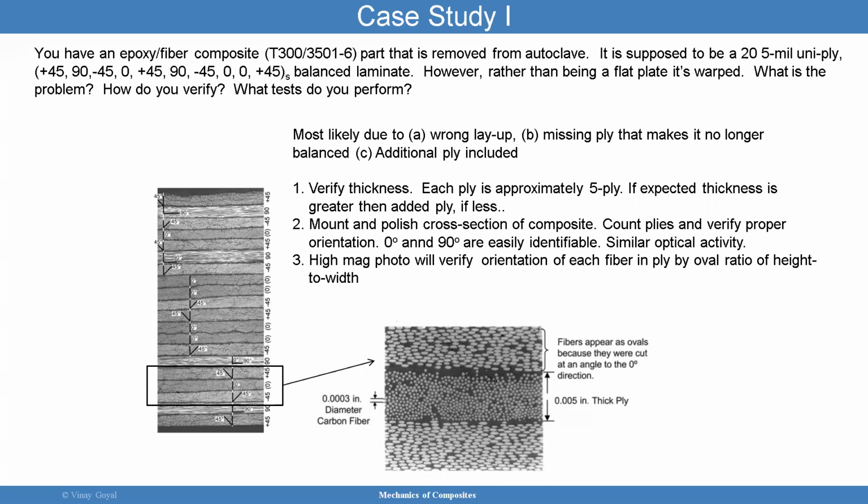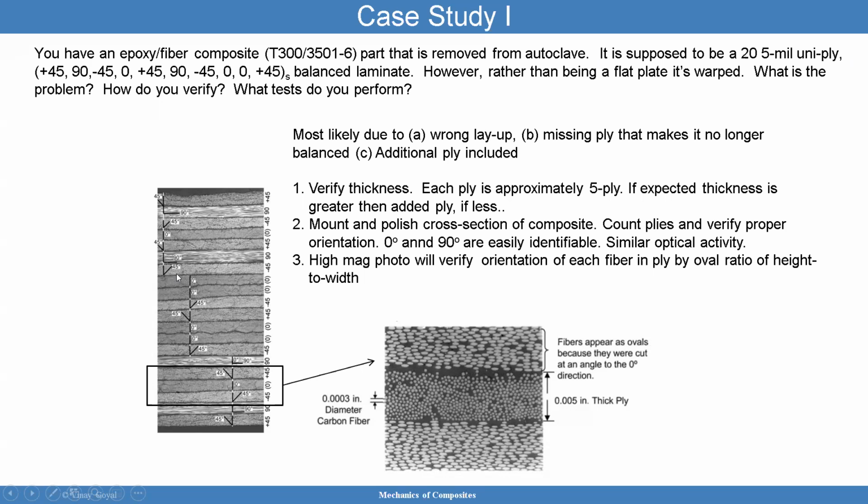It is known for having really nice balanced composite properties. It's very consistent, it's reliable, and also is available in a lot of different tows. For example, you can have 1,000 tow, 3,000 tow, 6,000 tow, even 12,000 tow. With that said, there are other material systems like T700 and so forth. Just for your information, T300 typically comes with a tensile modulus of 33 MSI and usually has really nice tensile strength.